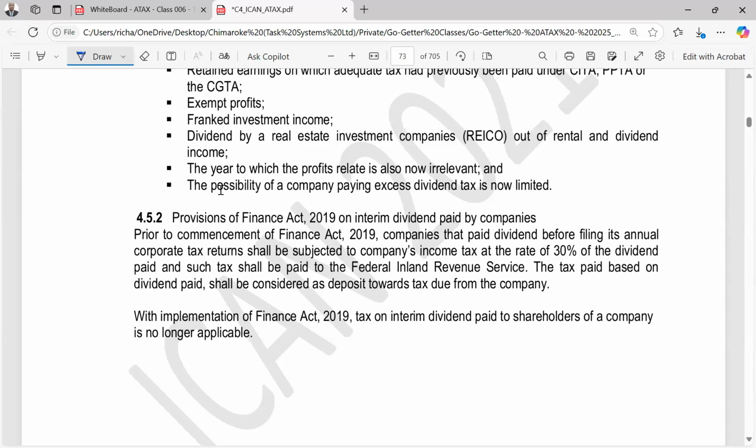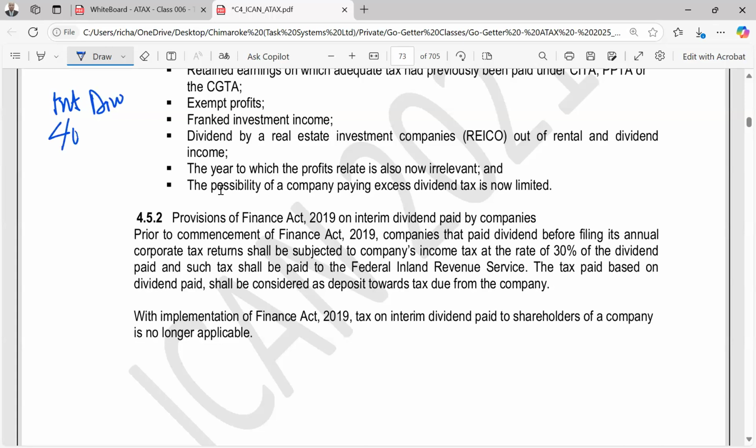You paid interim dividends of 400,000. Now the thing is, anytime you are paying dividends, there is a tax associated with it.